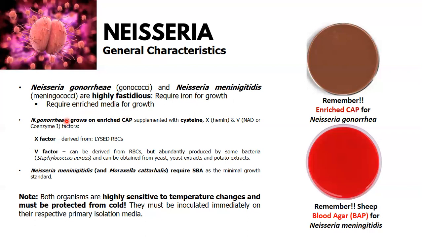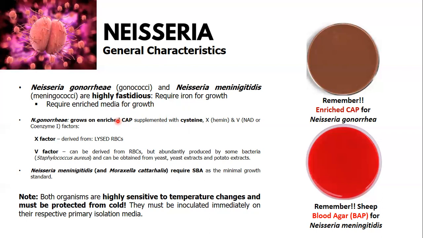In particular, take note that Neisseria gonorrhoeae requires cysteine for growth. And a chocolate agar plate could be further enriched with cysteine to make it more nutritive for Neisseria gonorrhoeae to grow.